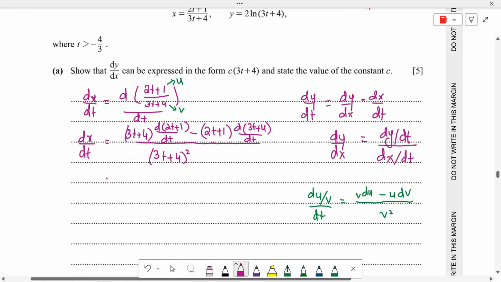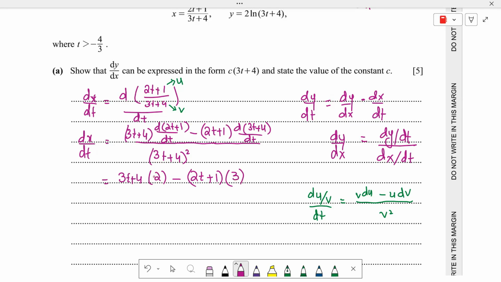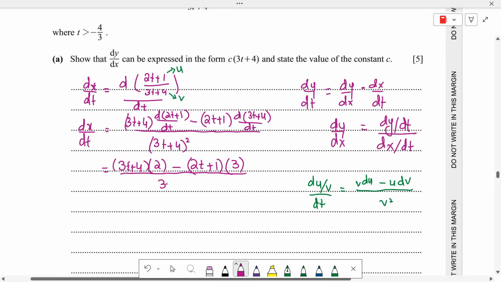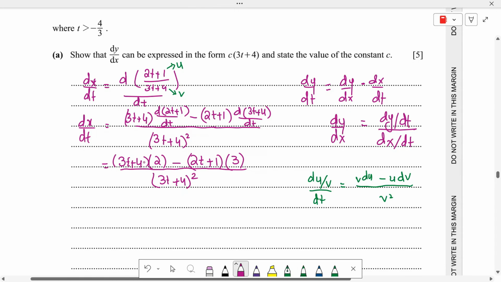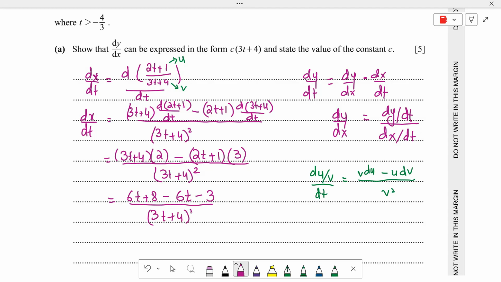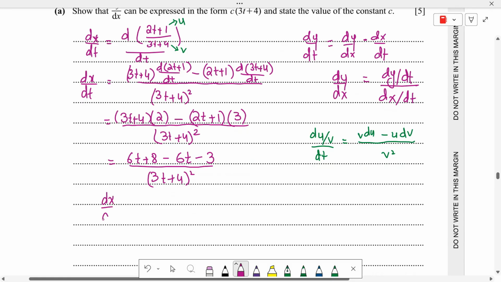Okay, now let's solve it. This will be equal to (3t + 4) times 2, since the derivative of 2t + 1 is 2, minus (2t + 1) times 3, since the derivative of 3t + 4 is 3, over (3t + 4) squared. Solving further, we have 6t + 8 minus 3 times 2t, which is 6t, minus 3, over (3t + 4) squared.